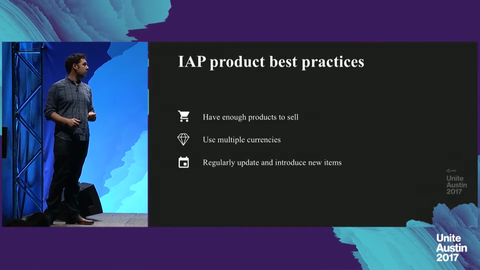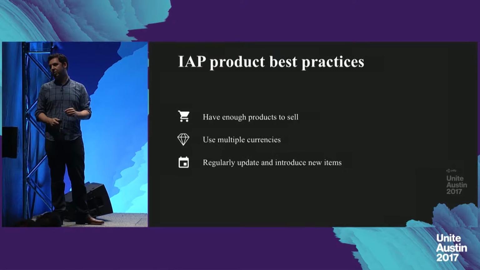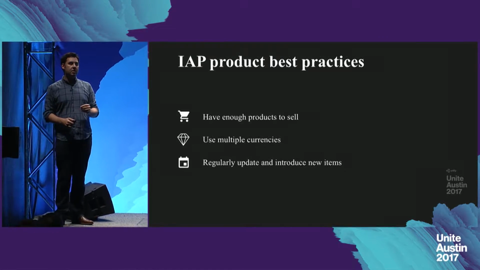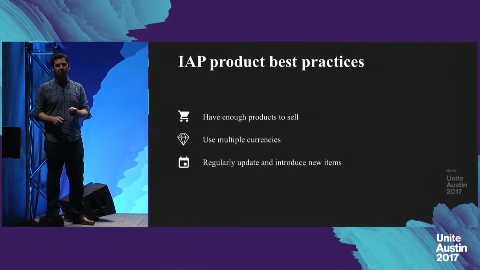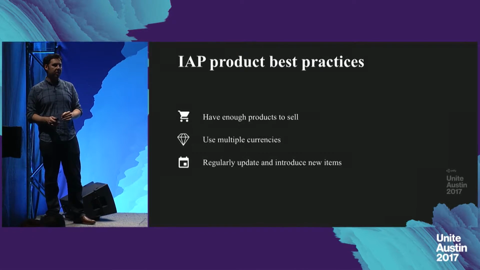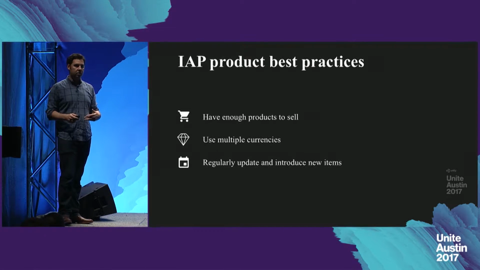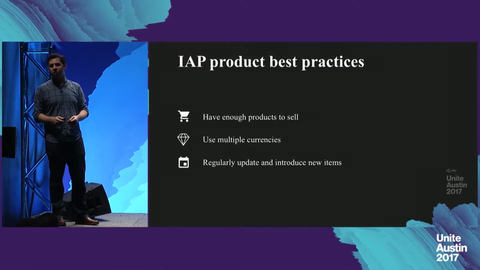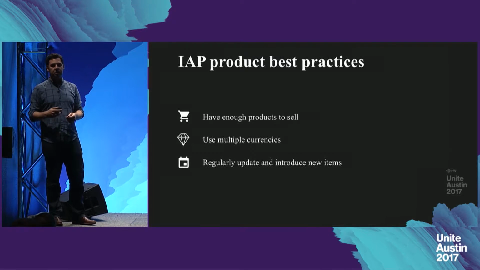The second thing that you want to do is have multiple currencies, right? Some of the simpler games will have one currency, but ever since the evolution of free-to-play gaming, you have what's called a game currency and a premium currency. A game currency is typically a lot easier to earn and is the main driver of the progression through your game. Your premium currency is typically harder or impossible to earn through game progression and maybe only purchased using IAP or real money purchases, right?